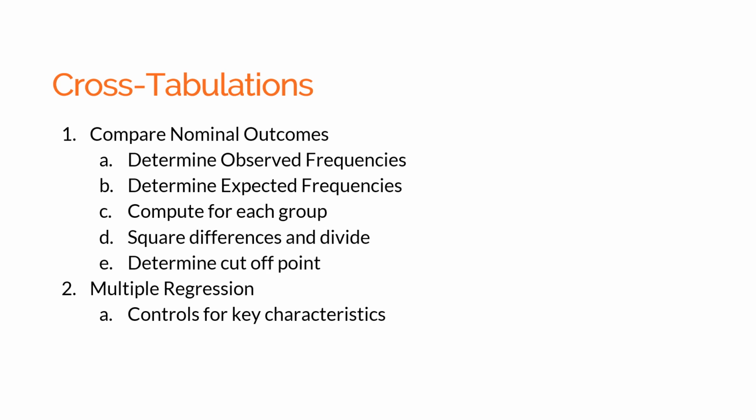Finally, you have your cross tabulations, which compare nominal outcomes. You would use the chi-squared test normally for the cross tabulations. So this is used to compare two ordinal groups. For example, if you're comparing the way children react to getting a free lunch at school.